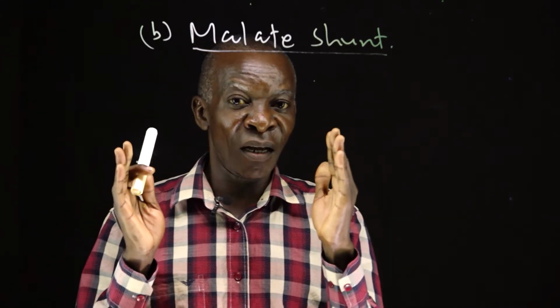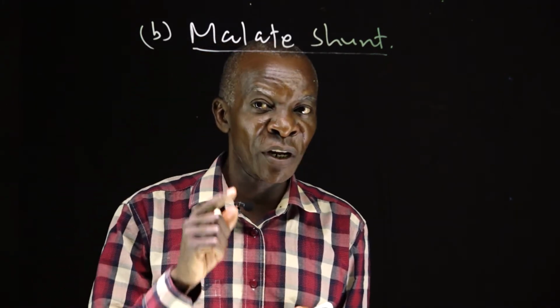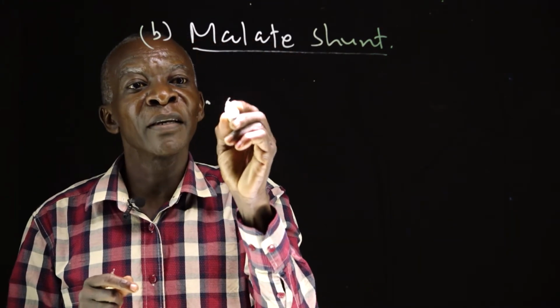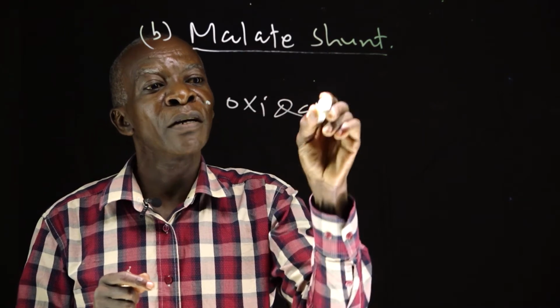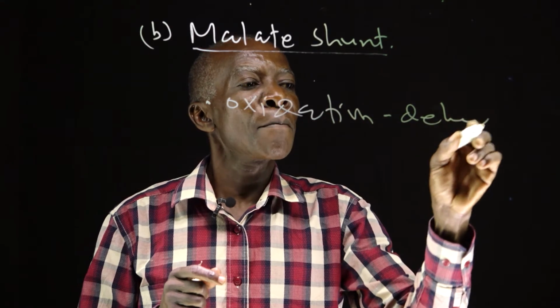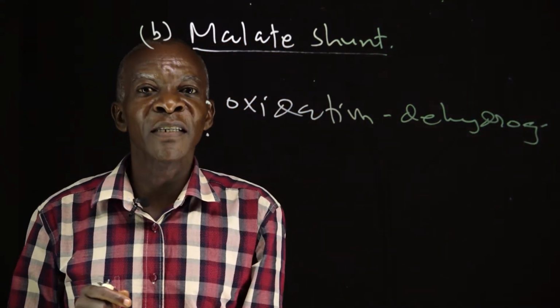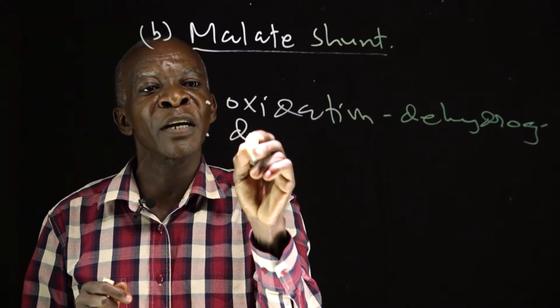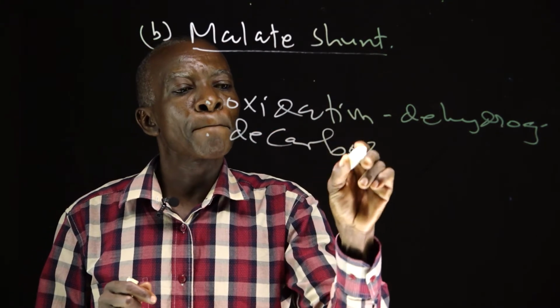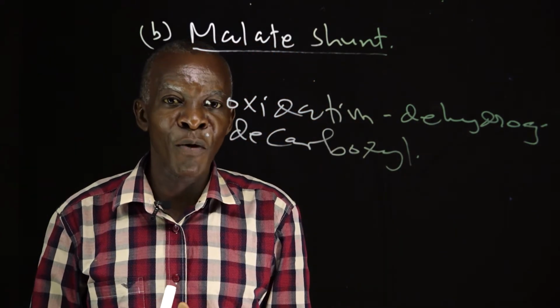In these bundle sheath cells, malic acid undergoes two reactions. One, it is undergoing oxidation by dehydrogenation. But secondly, it is undergoing decarboxylation, where it loses carbon in the form of carbon dioxide.